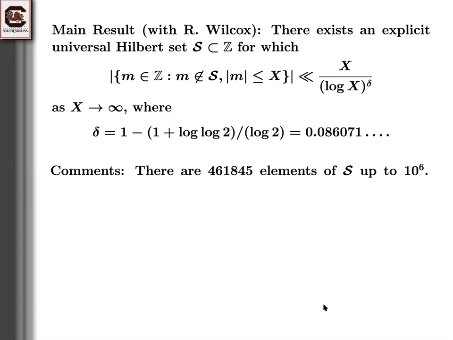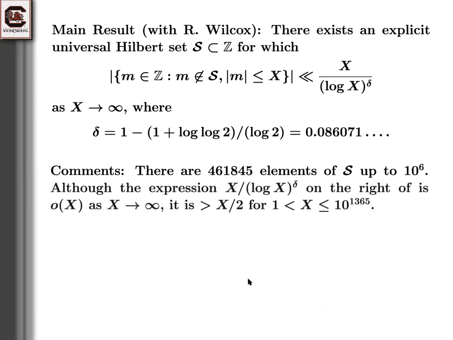But even to make the situation worse, let me point out that log x is so small and delta is so small that if you take any x in this range, this expression right here is bigger than x over 2. So it's not small yet, even if you go all the way up to here. I don't know what the constant is here, less than a constant times this x over 2. But you see it takes a while for this to get small.